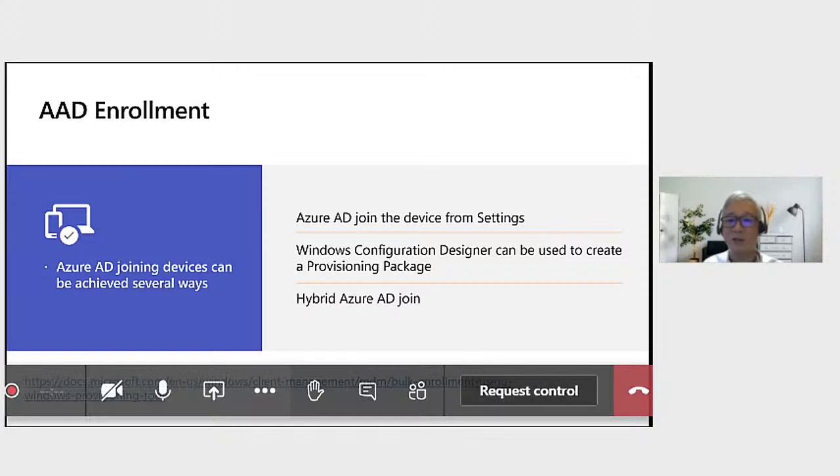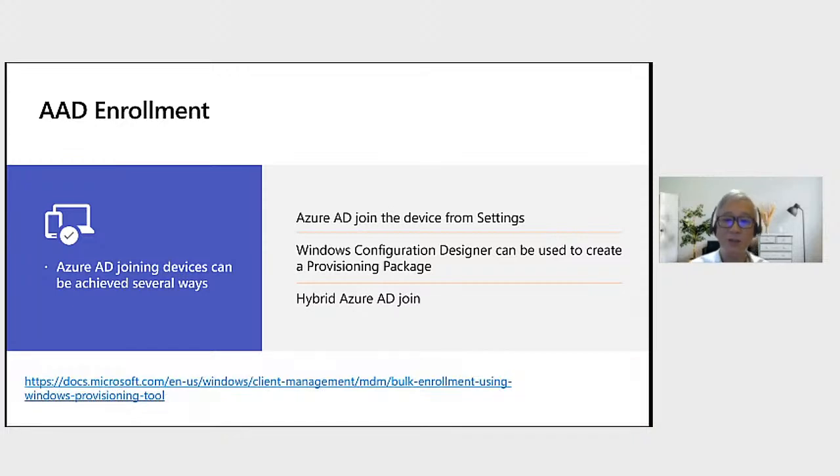There are a number of ways that you can join into Azure AD. One is you can just join Azure AD from the settings page on the device itself. Another way is to use the Windows Configuration Designer to create a Windows 10 provisioning package, which can bulk join a large number of MTRs into Azure AD in one go.